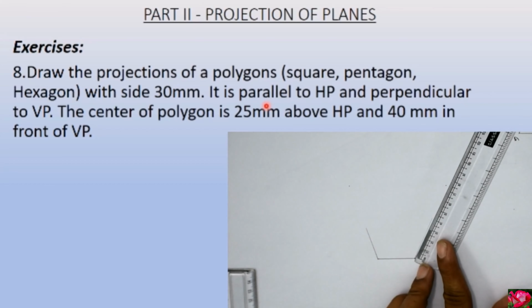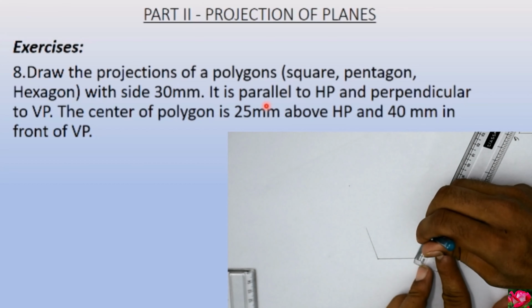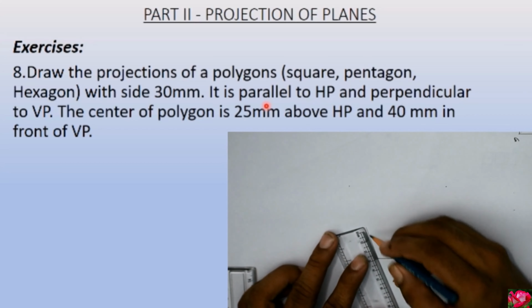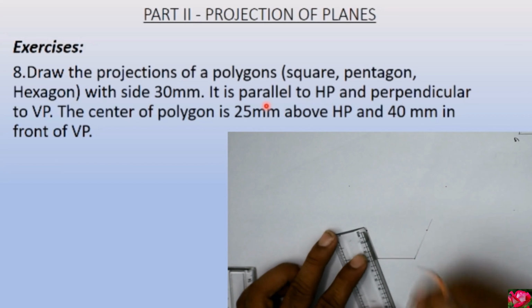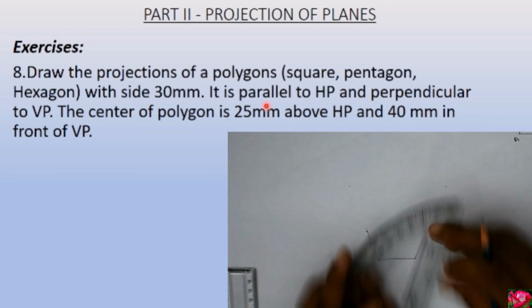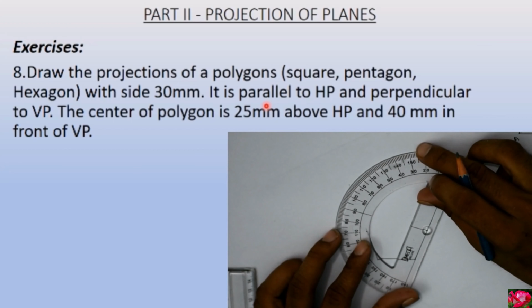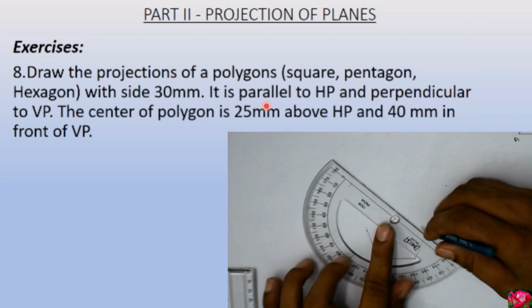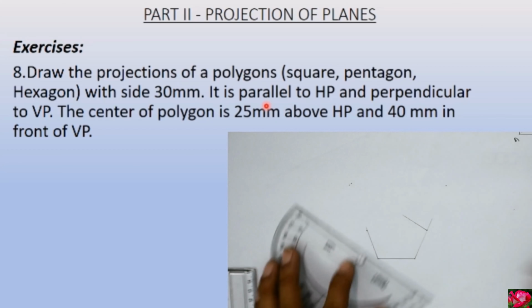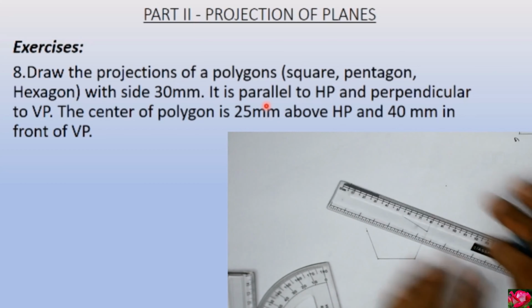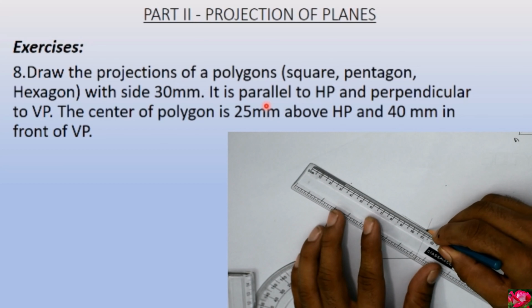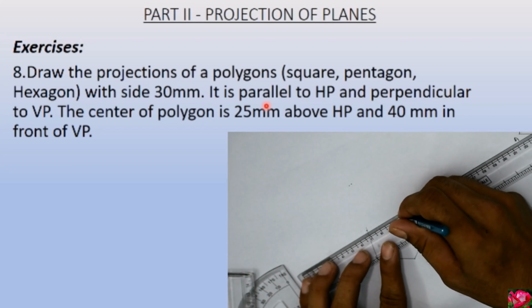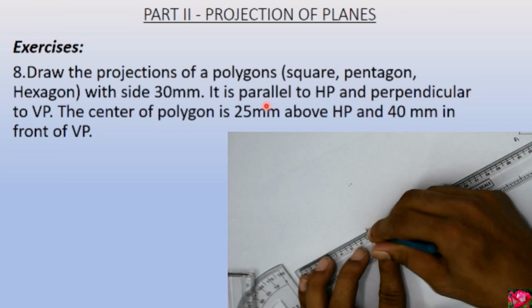It is 30. I'm using a ruler here to not change the orientation of the drafter. Again 72 degrees. So this is also 30. If we join these two, our pentagon is complete.